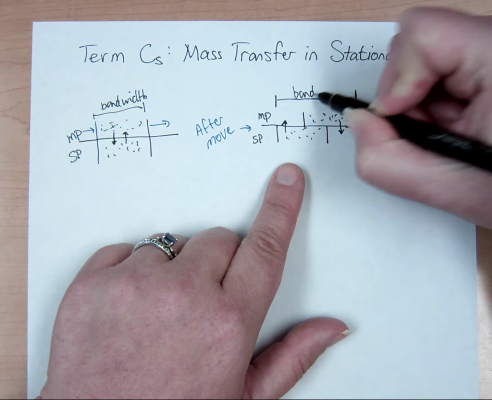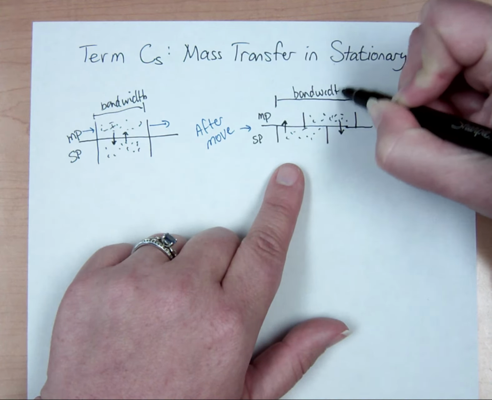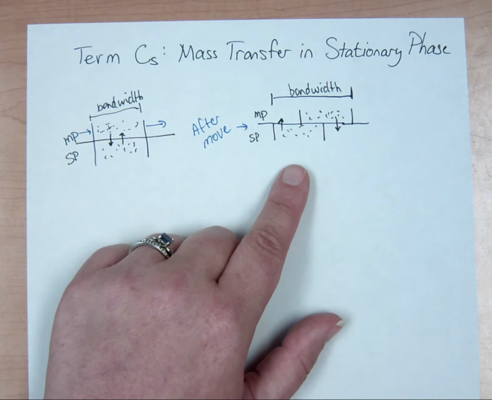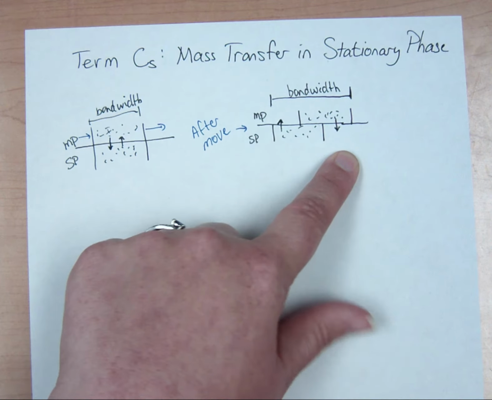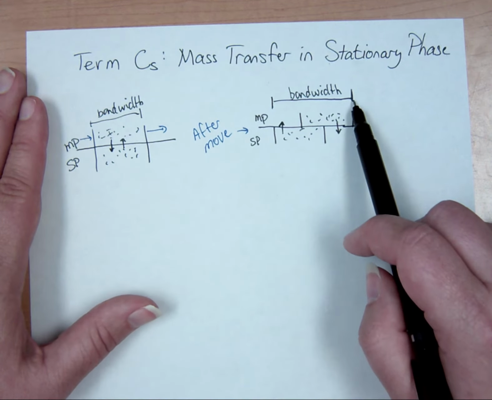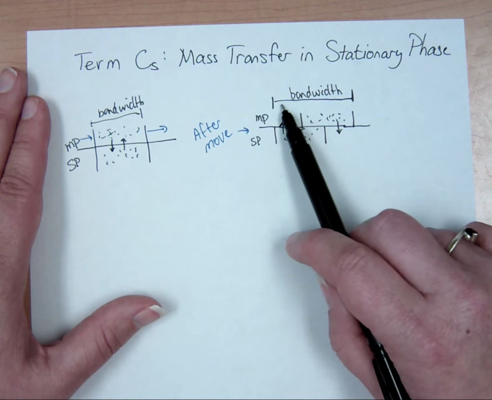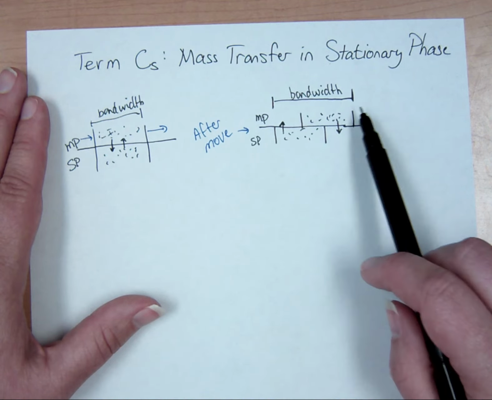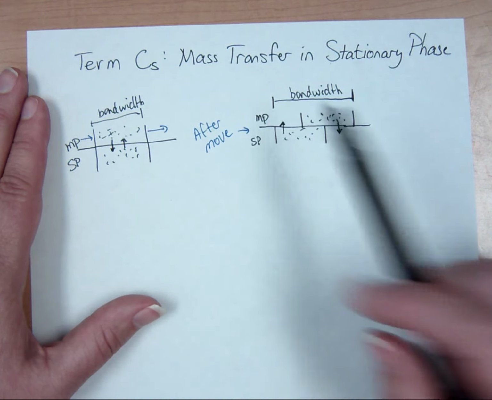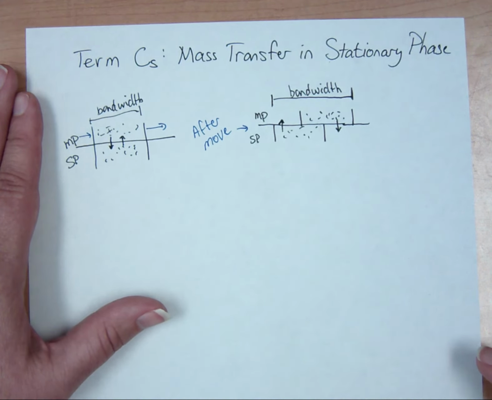So our bandwidth for where the analytes are in relative position to each other is wider. We've got a wider spread of where the analytes might be. So when these are going to leave the column, the elution time is going to have more variability because we've had some spread in the bandwidth of where the analytes are located.